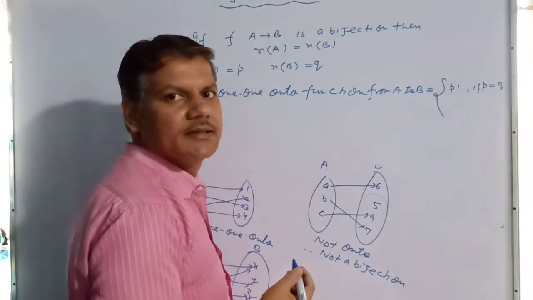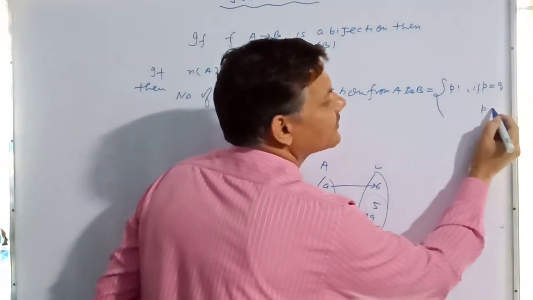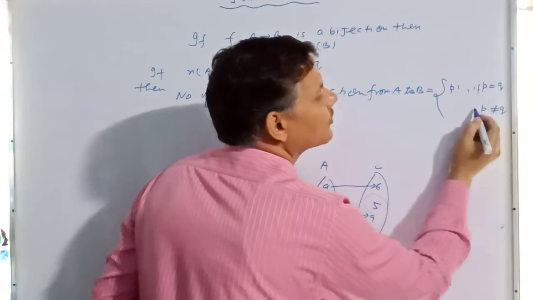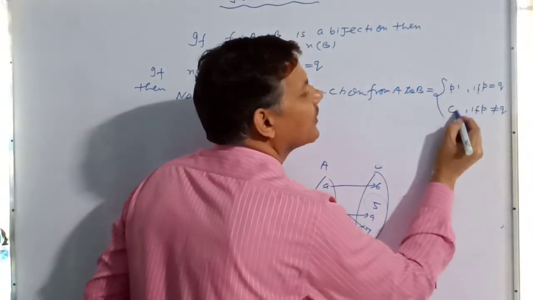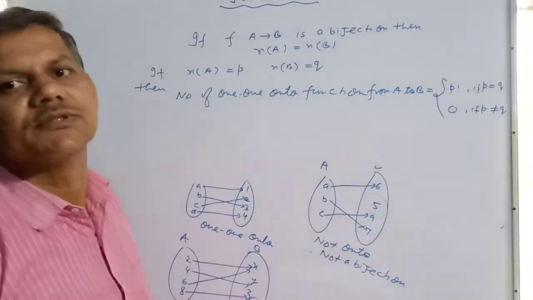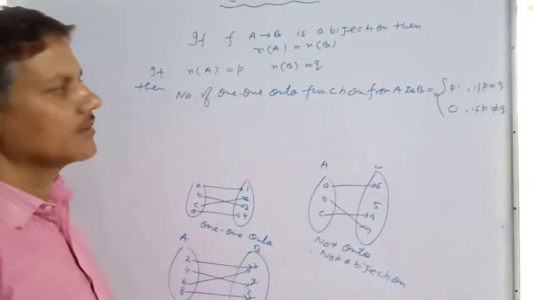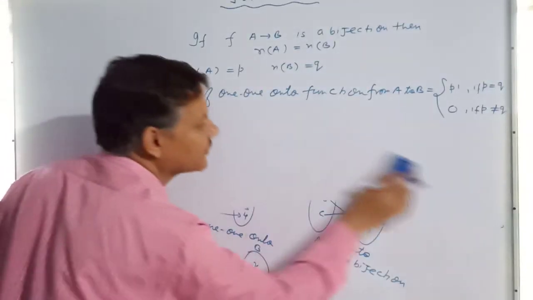In case P is not equal to Q, there is not a single bijective function, that is, the number of bijective functions is 0.